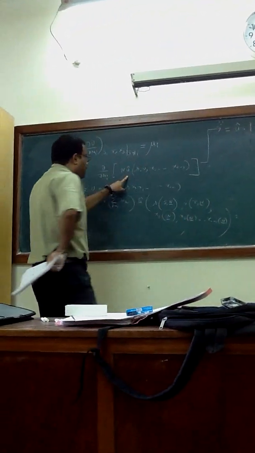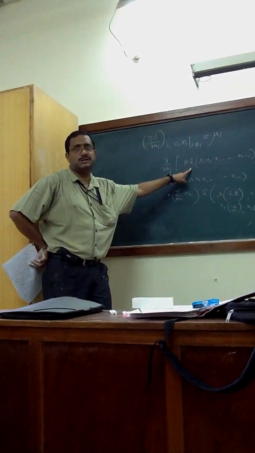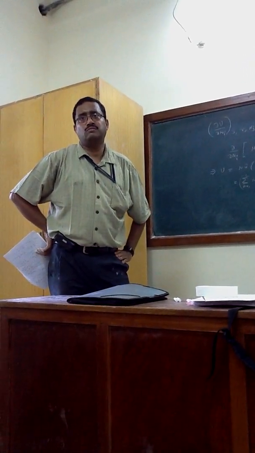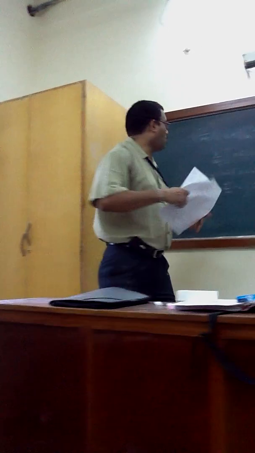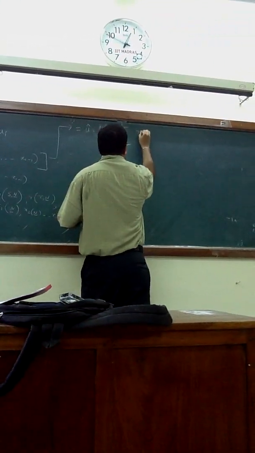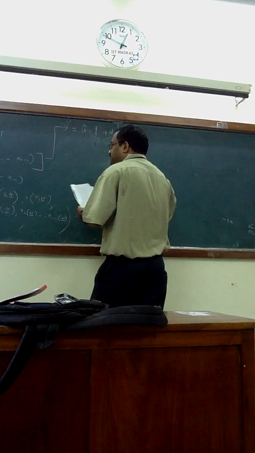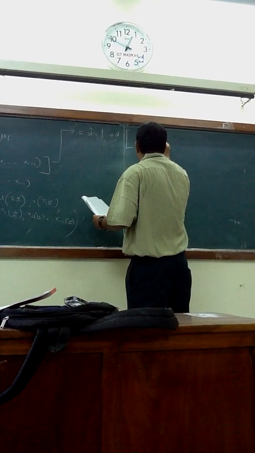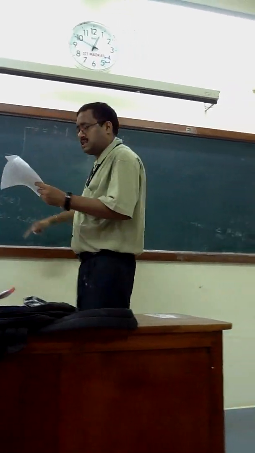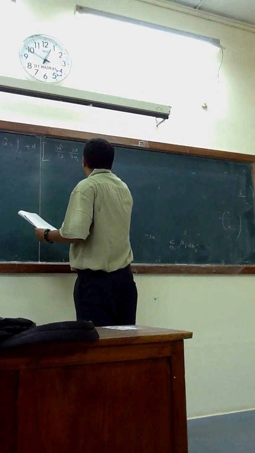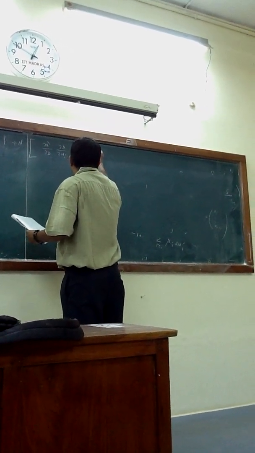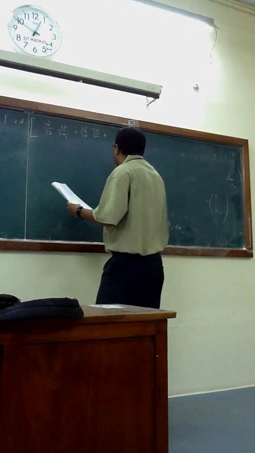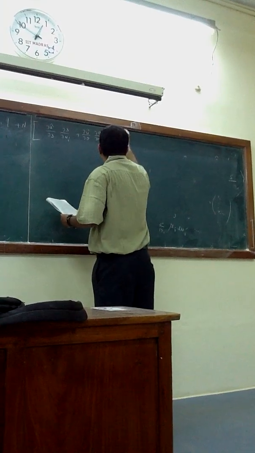∂û/∂n_i. You are doing chain rule of differentiation. You have the notes with you. ∂û/∂S, then ∂S/∂n_i, because I am doing it with respect to n_i, plus ∂û/∂V, ∂V/∂n_i, plus I am putting summation j equals 1 to C minus 1.